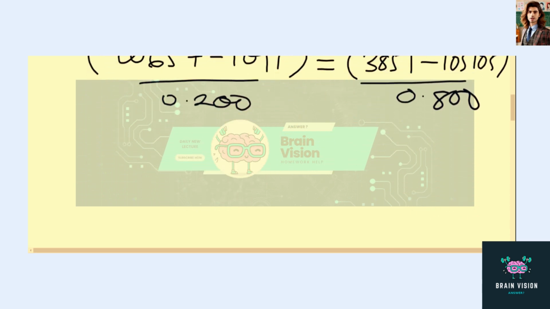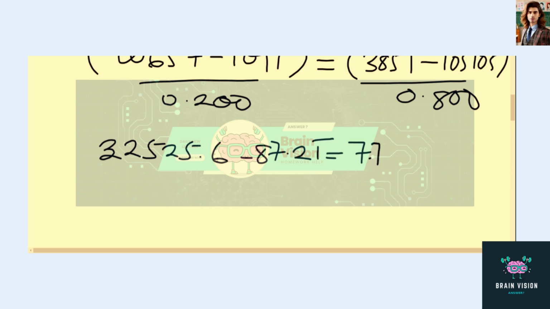Okay, so when we do that, this gives us 325.6 minus 87.2t is equal to 770 t minus 21021.